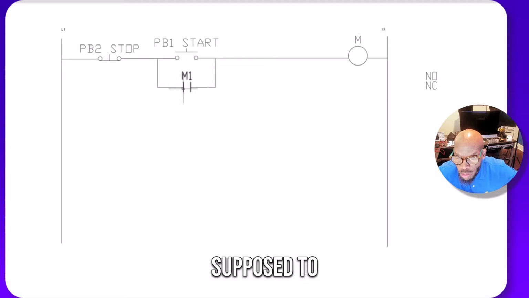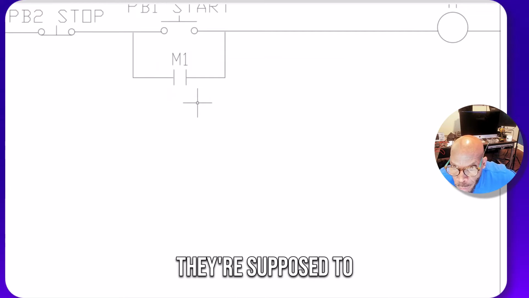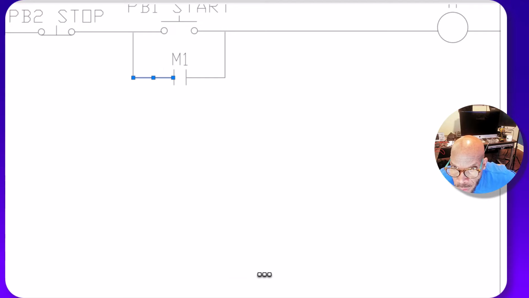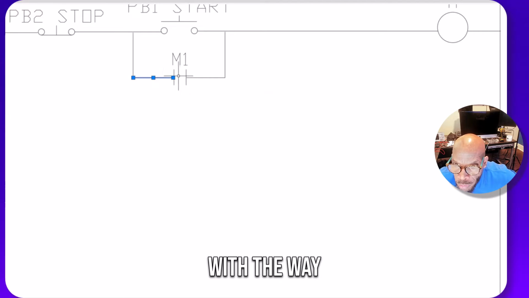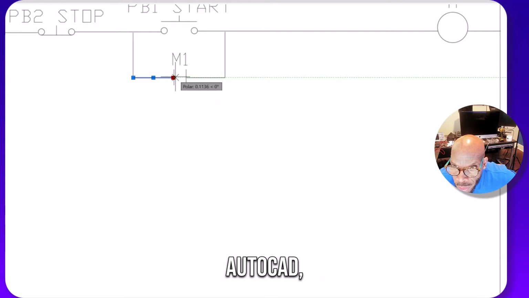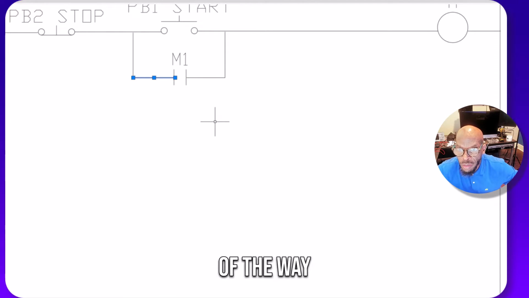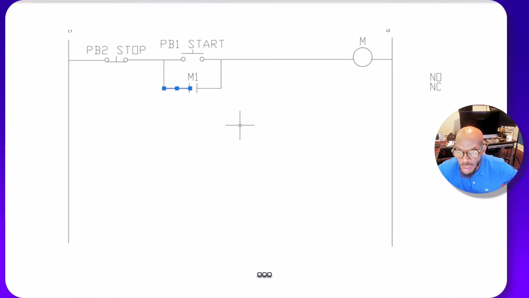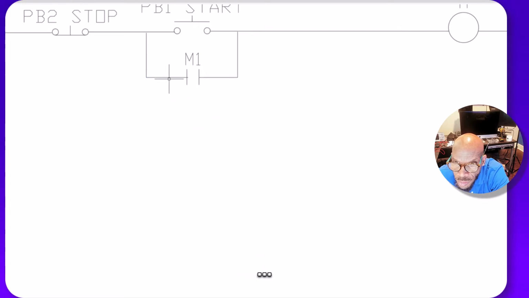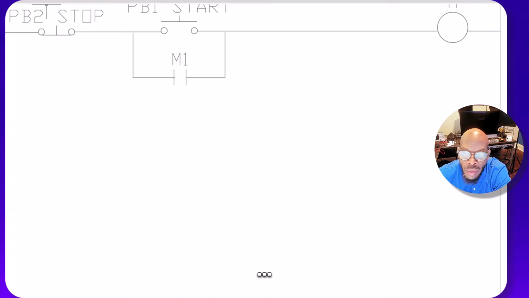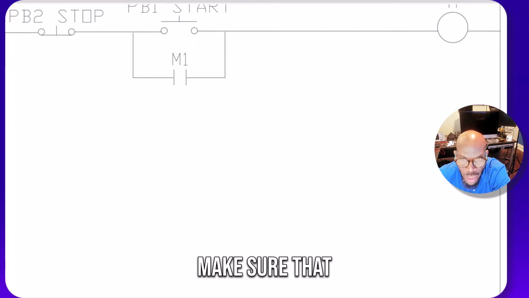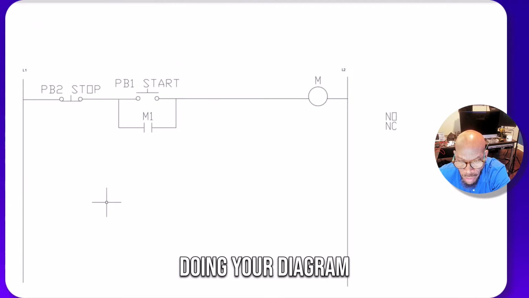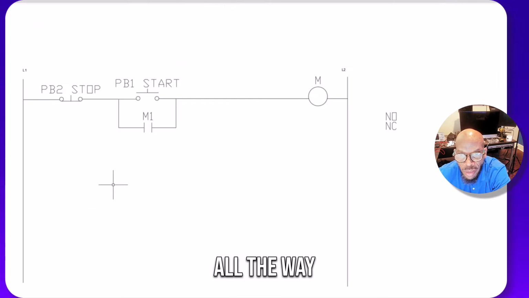These lines are supposed to connect. With the way that I'm doing it with the AutoCAD, they may not want to connect all the way. So just make sure that when you're doing your diagram, they connect all the way.